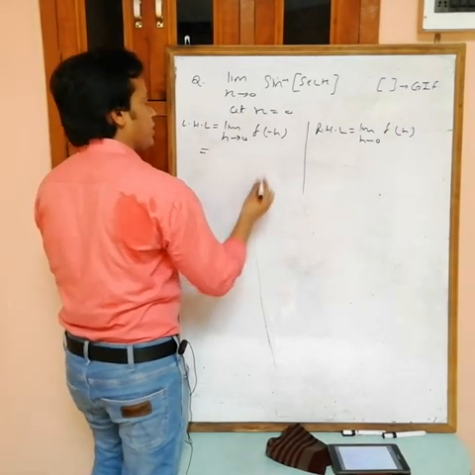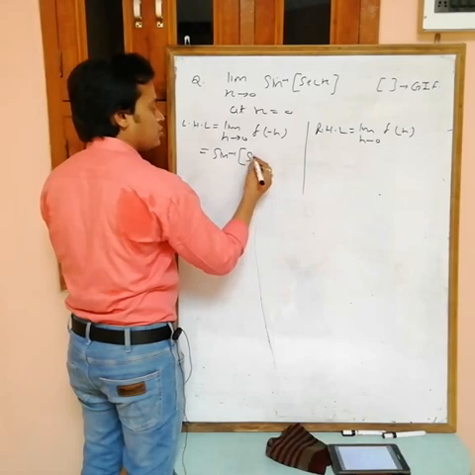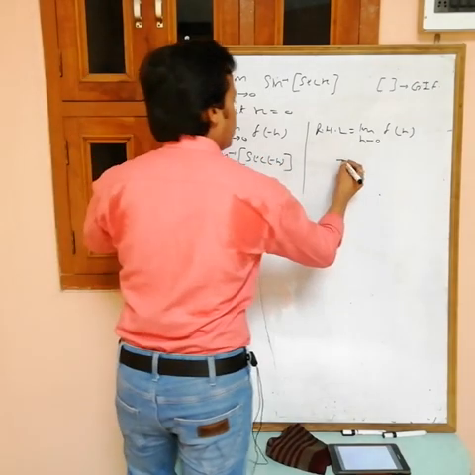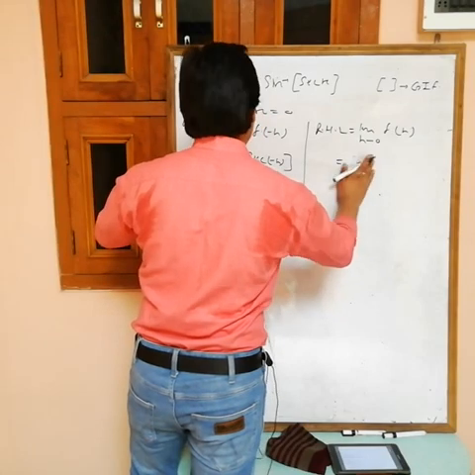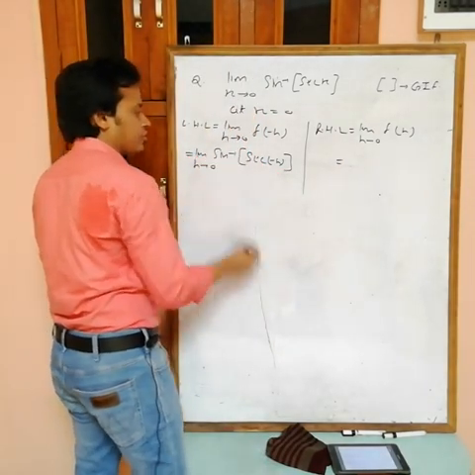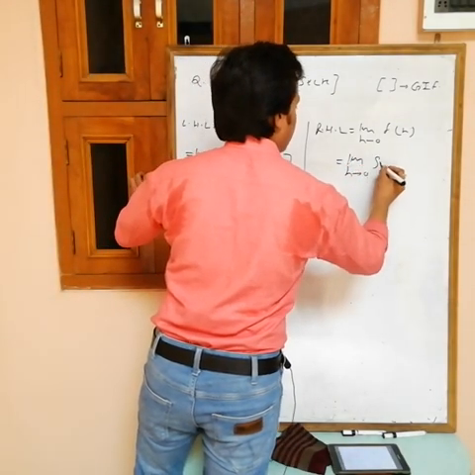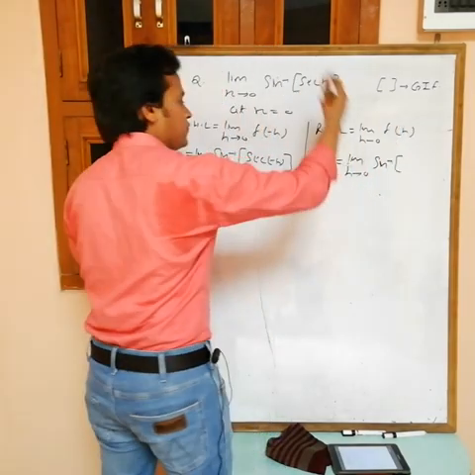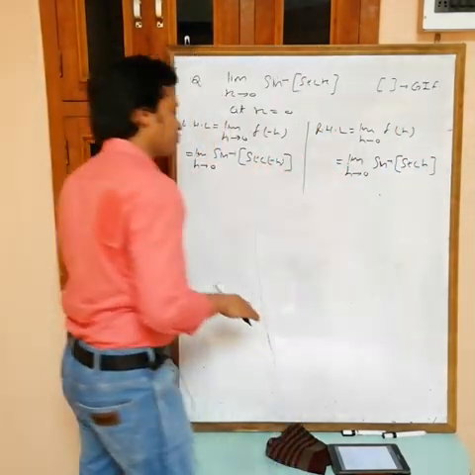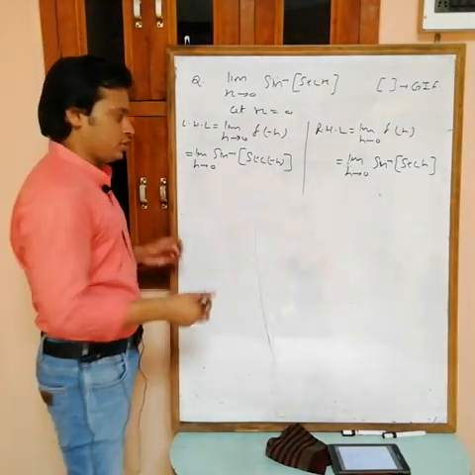For f of minus h, replace x with minus h. We get sine inverse of the greatest integer of sec of minus h, with limit h tending to 0. For the other side, replace x with h: sec of h. Now sec of minus h is 1 plus.